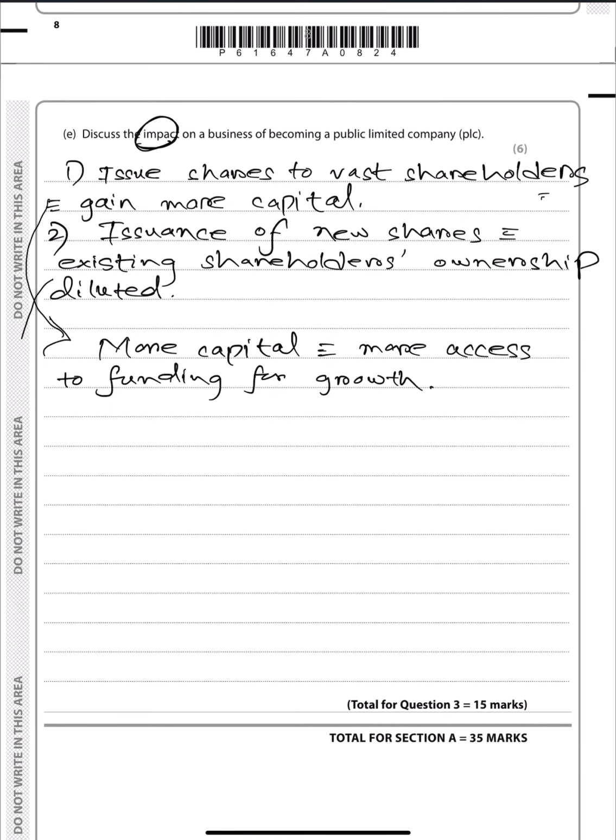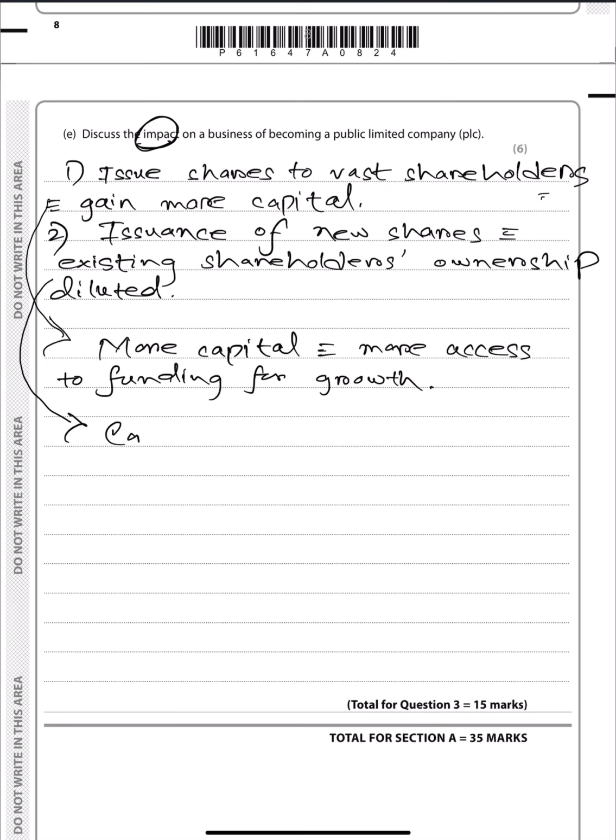And the issuance of new shares, another explanation that we can write for this, just to build up on it, might mean that since the existing shareholders are losing their ownership, the company might now become a part of a larger entity. So it might not remain in its original size, it will be a part of a larger entity, and in the future might be subject to a merger or a takeover.